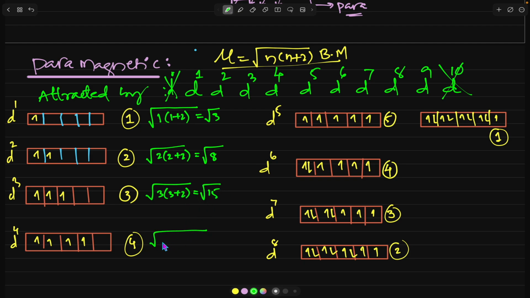And here it is 4 into 4 plus 2, so 6 4s are 24.